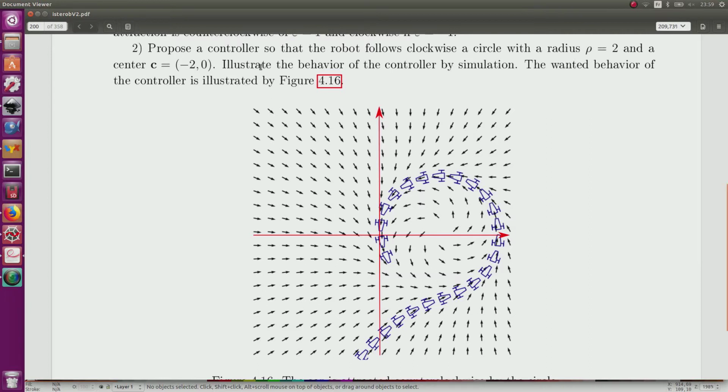Question number 2. Propose a controller so that the robot follows clockwise a disk of radius rho equal to 2 with the center -2, 0. So if I look at the picture, the center should be 2, 0, and it is counterclockwise, so I will follow this picture.